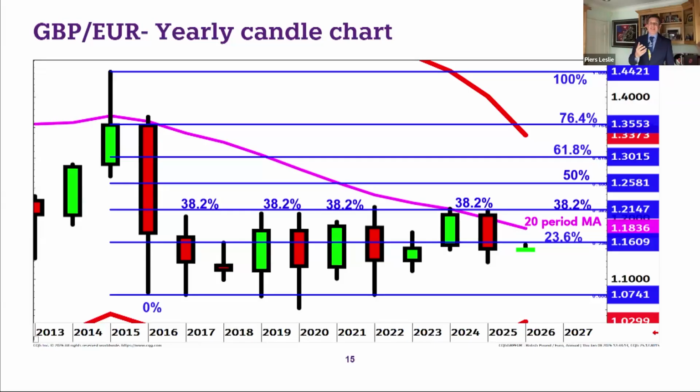So what can I see now when I look at this chart from a longer term perspective? Well, I can see that to get confident and positive on sterling euro, you need to see sterling euro take out the 23.6 at 116 and that 20 period moving average, because you haven't had on this chart any yearly close above that 20 period moving average.